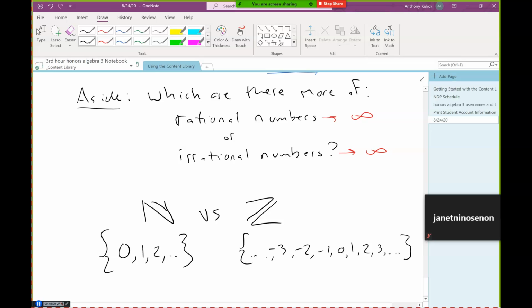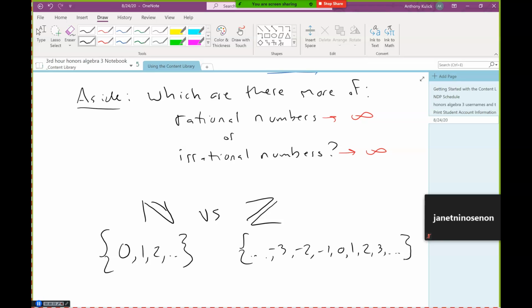So how can we show that? We have to think about counting in a different way. If you want to show two things have the same amount of stuff in them, one way is you could count up everything here, count up everything there, and see that you have the same number, right? That's probably the naive way that we would do when we were little on how to count things. But there's another way you could count things.